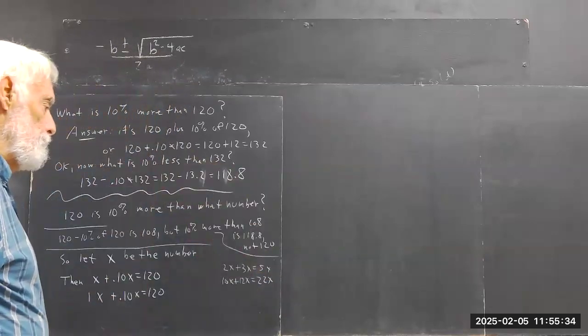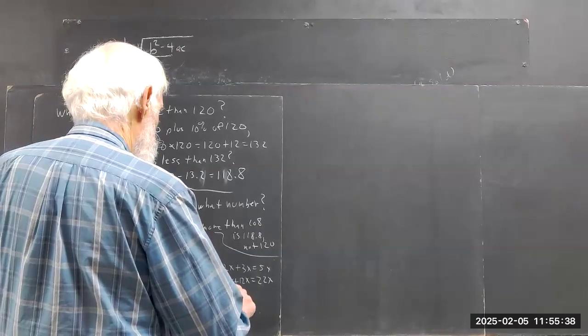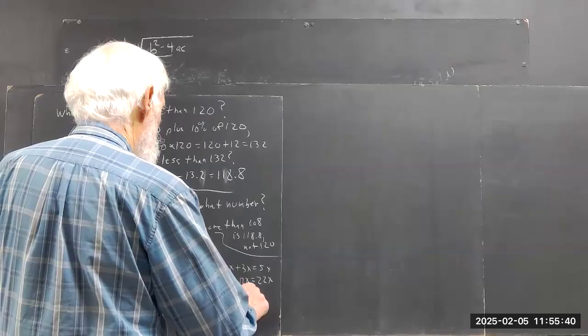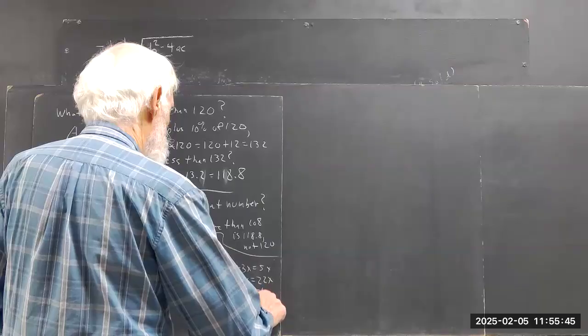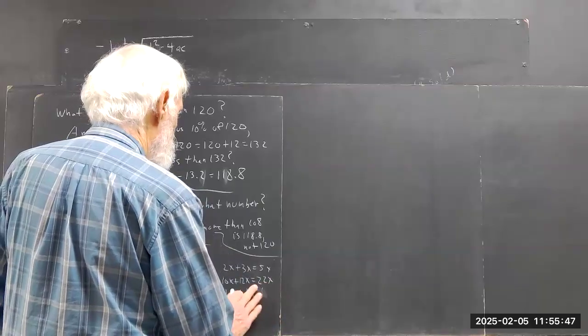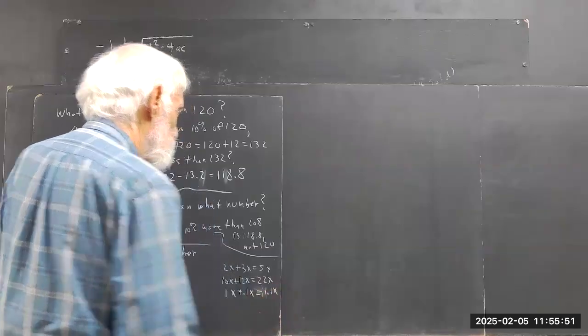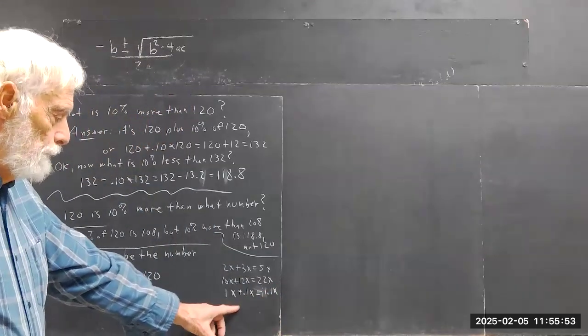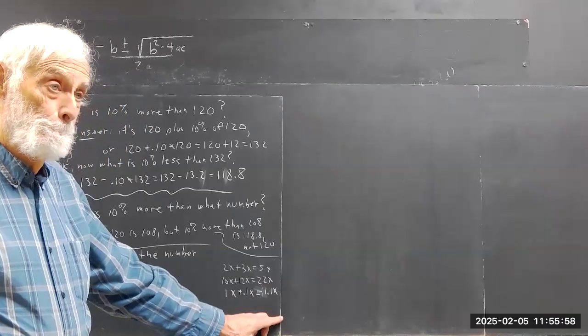And x plus 12x would be 13x. If you add 0.1 to 1, you're going to get 1.1, right?